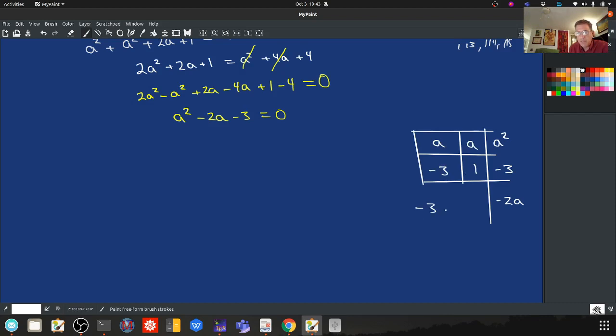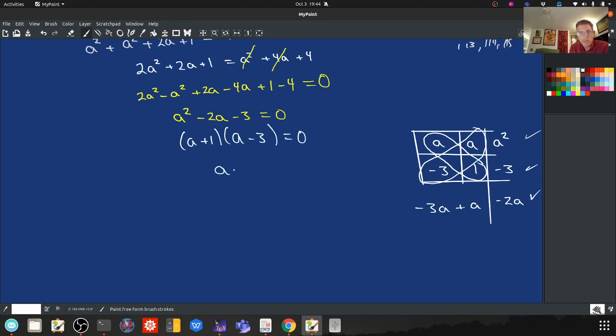So minus 3 times A is minus 3A, 1 times A is A, and minus 3A plus A is minus 2A. So I have the factorization, A plus 1 times A minus 3. So that means A plus 1 times A minus 3 is equal to 0.